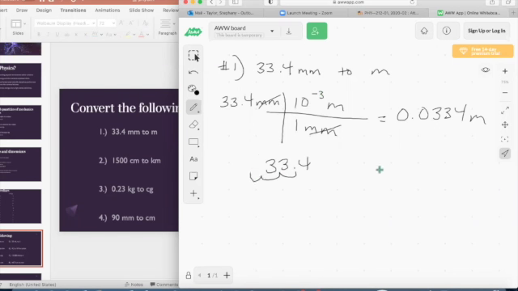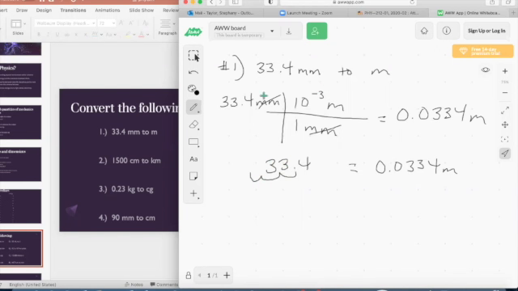Right. So that's how you would know that it's 0.0334 years. Right? So you can multiply it out long ways, or you can move the decimal place over, which can kind of get tedious when you have to move it over like a large number.